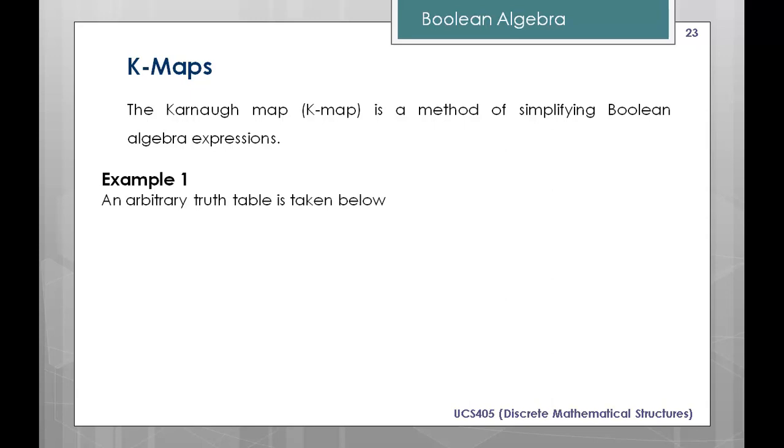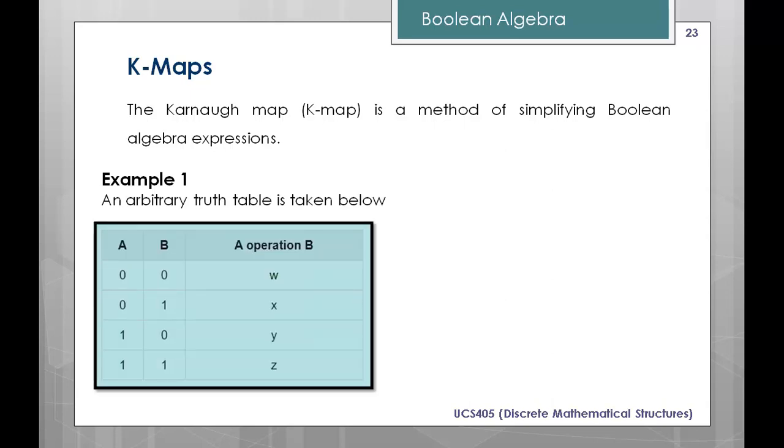First example, this is the truth table. We have two inputs, A and B. When we apply the operation on A and B, these are the corresponding outputs. The inputs are 00, 01, 10 and 11.